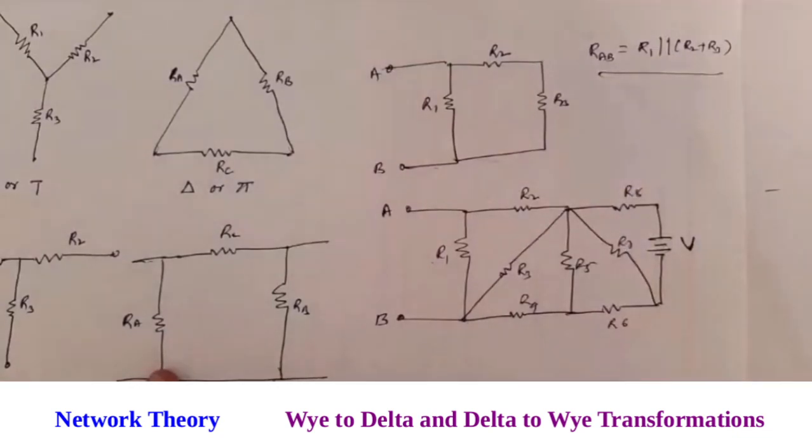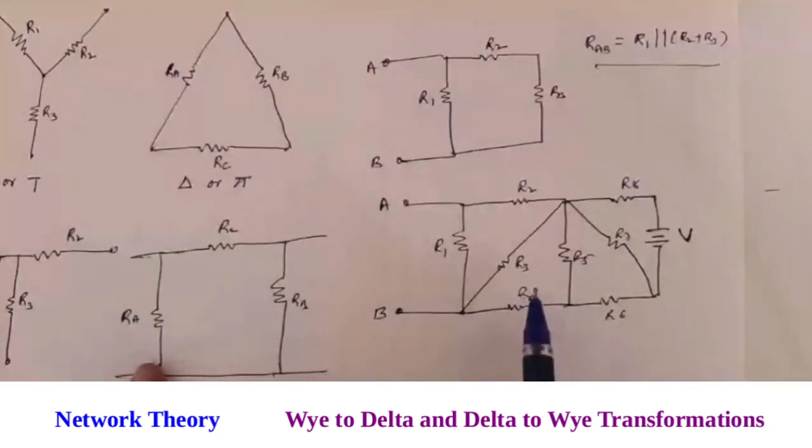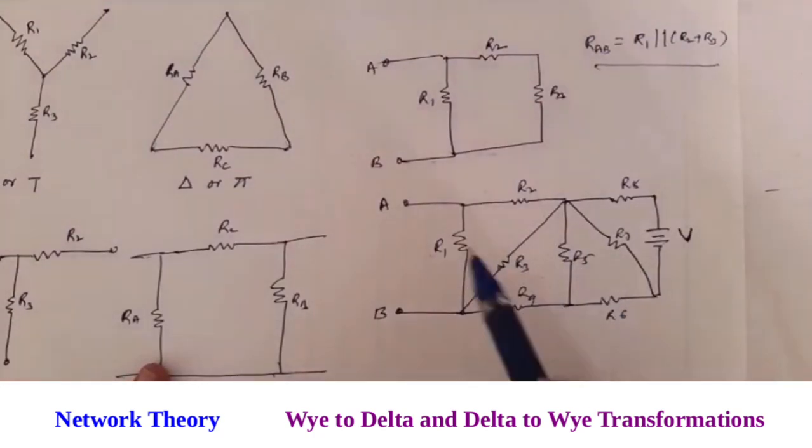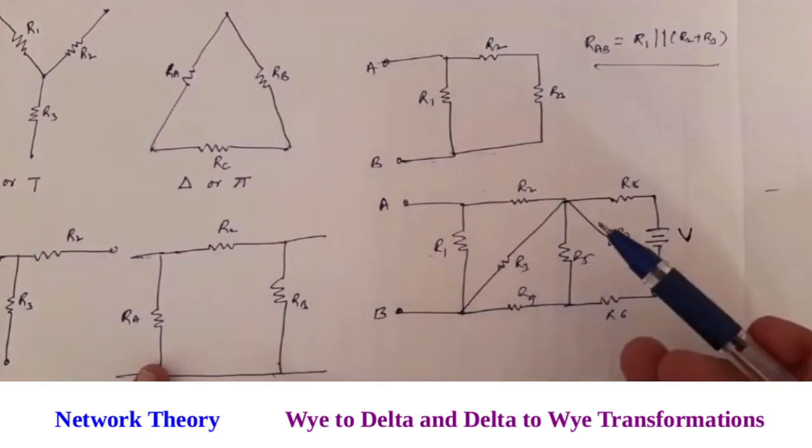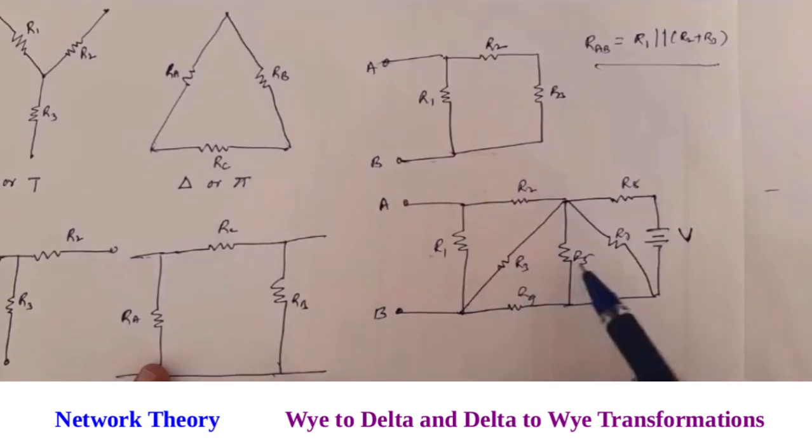Now here, dear students, none of the resistors are in series, and none are in parallel. R1, R2 are neither in series nor in parallel, R2, R3 neither, R1, R5 neither.